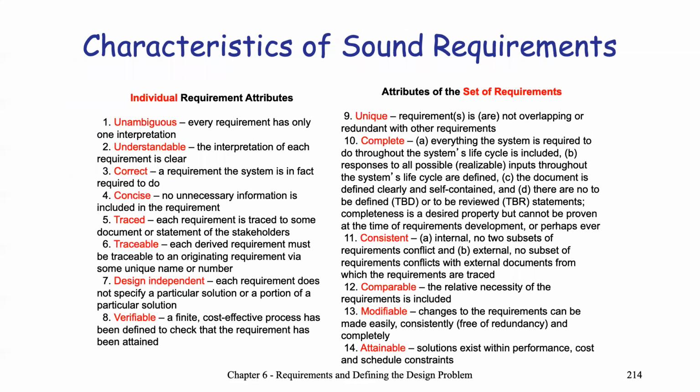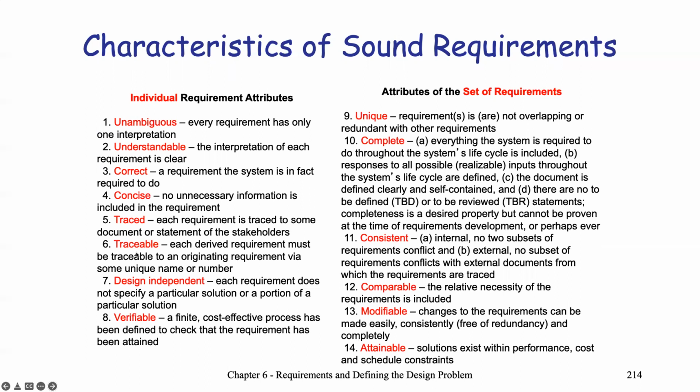So here are examples of the characteristics of sound requirements. Writing good requirements is necessary, and having the right type of rigor to make sure that you clearly articulate what needs to be done is important. So you can think of individual requirement attributes: they're unambiguous, understandable, correct, concise, traceable, design independent and verifiable.